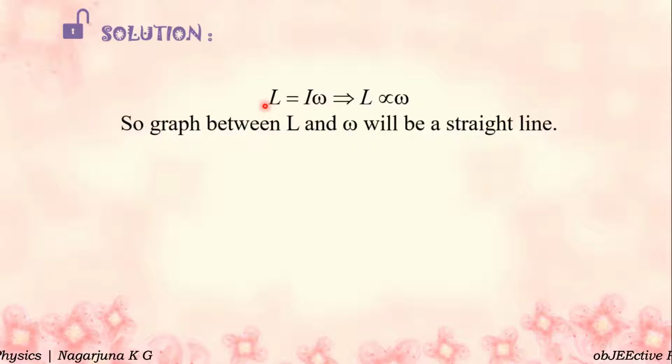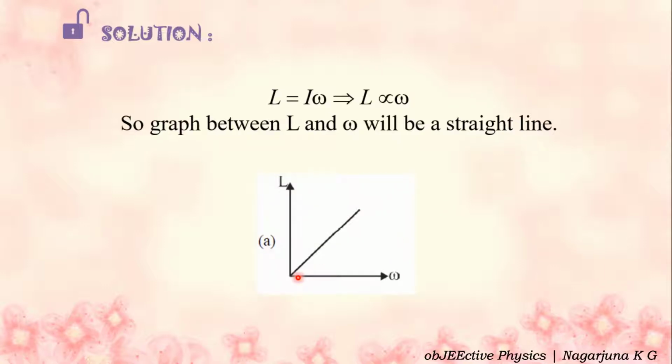We know that L is equal to I into omega, which implies L is directly proportional to omega because I is constant. So, the graph between L and omega will be a straight line. Option A is the right answer.